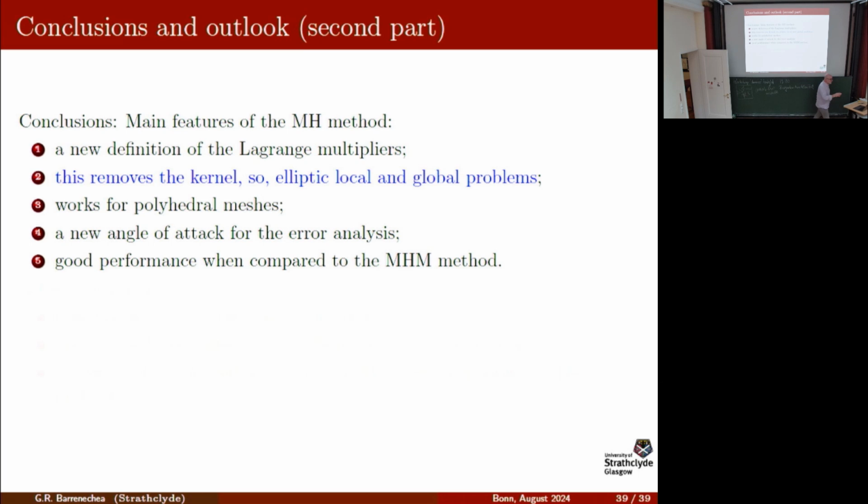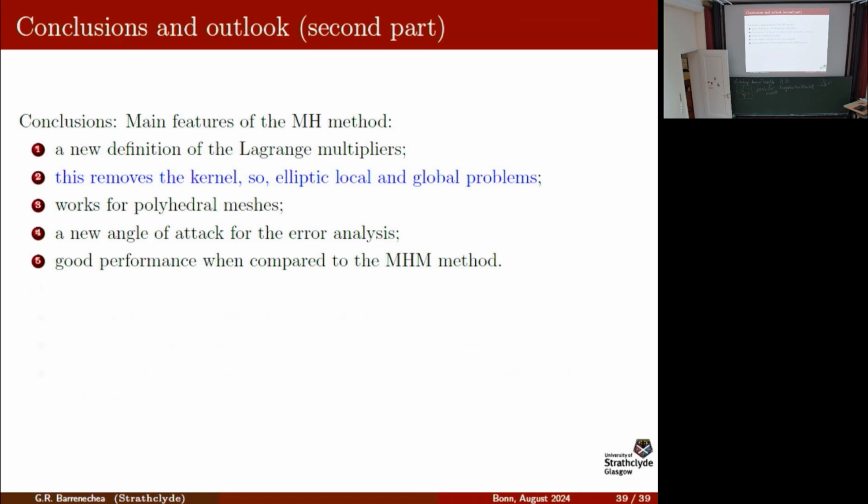So the conclusion of the second part is essentially that by going back to the first step in the derivation of the hybrid formulation, adding the right zero, we moved away from a pure local Neumann problem to compute the basis functions and went to an elliptic case. This removes the local kernel.